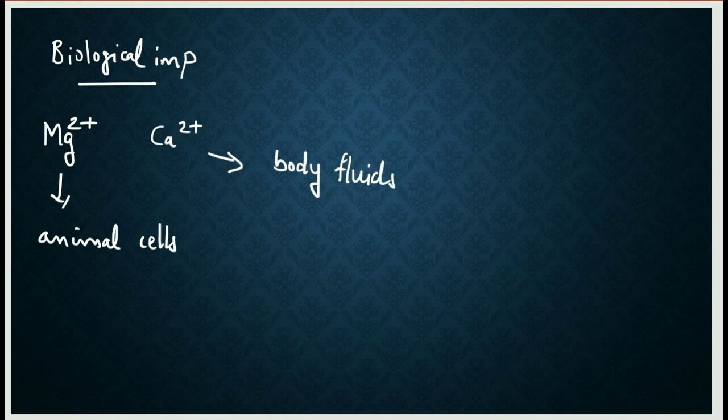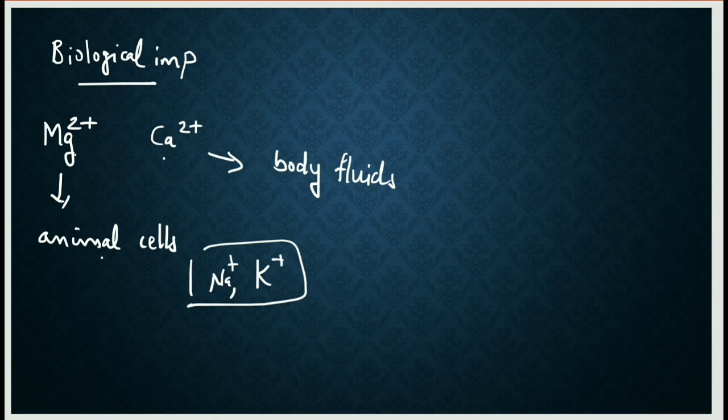It is the same as sodium and potassium salts, in terms of the concentration outside and inside cells. So magnesium is inside animal cells and calcium is in body fluid, that is outside the cells.